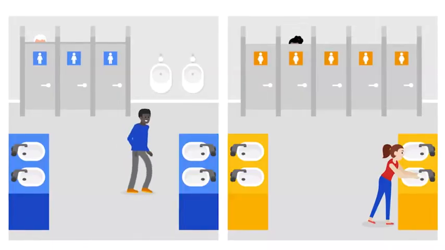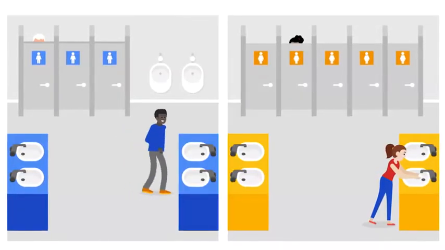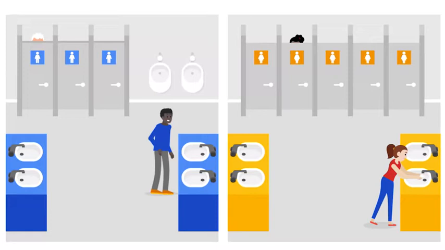Another example of how equity affects gender is with public restrooms. If a business offers a men's room and a women's room, each with the same number of stalls, that would be an example of equality. However, that's not an equitable design. For one, people identifying as female often need more time, which means the bathrooms are more crowded.